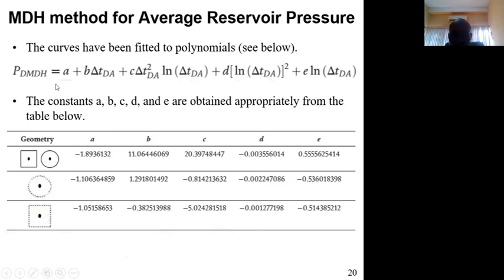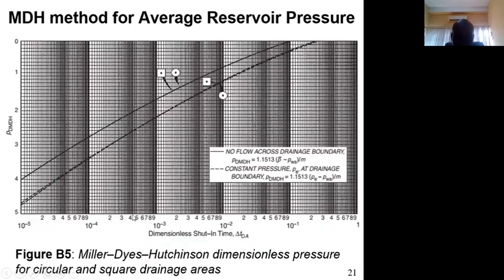Now, instead of the charts, you could use this polynomial, which has been fitted to a curve. You see, this is the dimensionless MDH pressure as a function of your dimensionless shut-in time, and then the constants are used as a function of the geometry. The solid line here stands for closed boundary, while the dotted lines here refer to a constant pressure boundary.